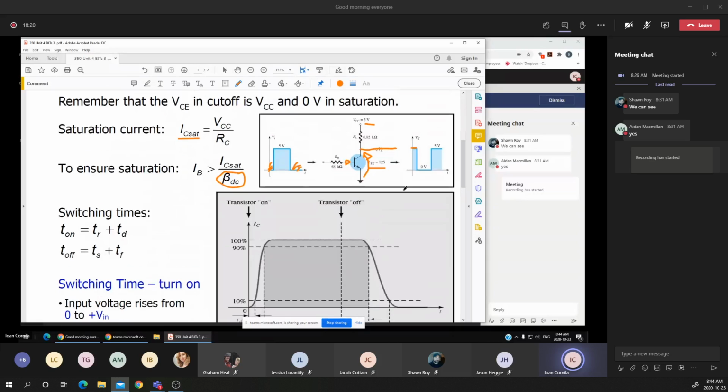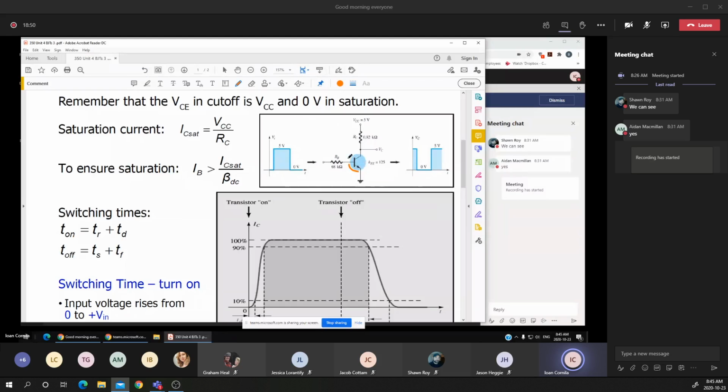Now, this diagram is not affected at low frequency. Remember that when we talked about the specs of a transistor, I mentioned the maximum frequency that can be applied on the transistor. On top of that, I talked about the capacitance between the base and the emitter.